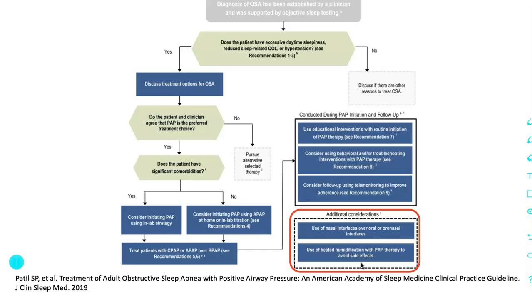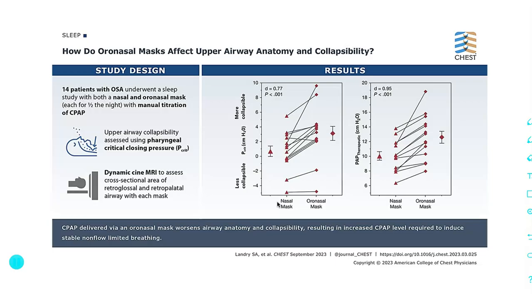And they found that nasal mask is way better than oronasal mask. As you can see, there are multiple studies, and one of them, published by Landry et al. in Chest 2023, clearly identified that the oronasal mask has higher collapsibility and hence leads to higher pressure requirement for the treatment of obstructive sleep apnea.